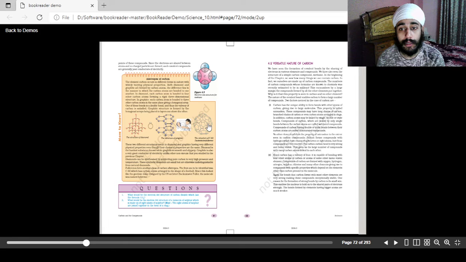The compounds of carbon are formed with oxygen, hydrogen, nitrogen, sulfur, chlorine, and many other elements, giving rise to compounds with specific properties which depend upon the elements other than carbon present in the molecule.